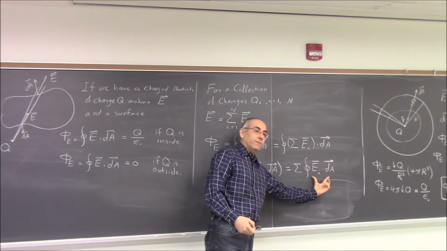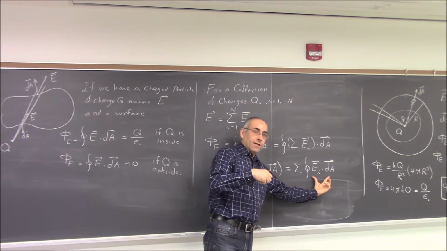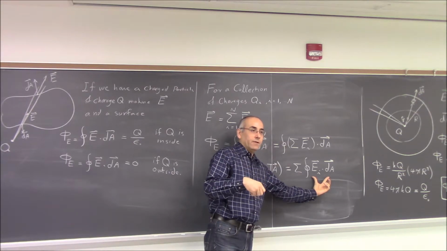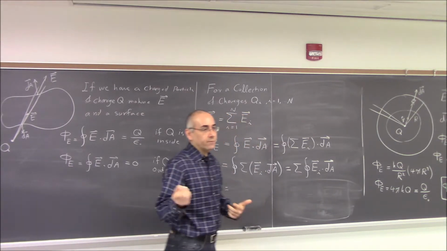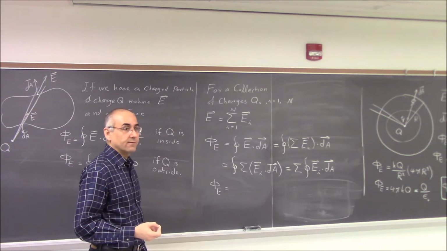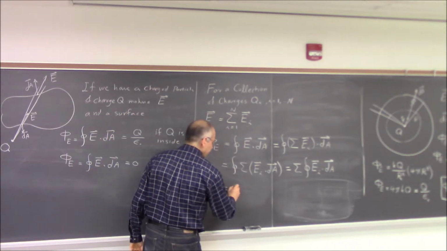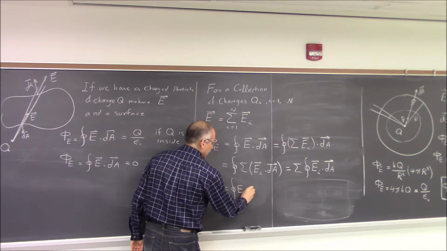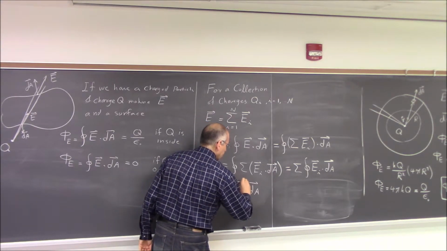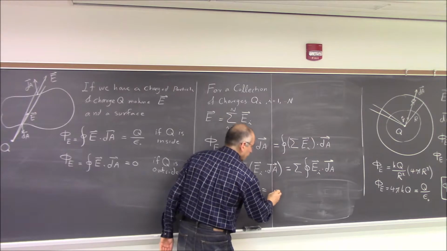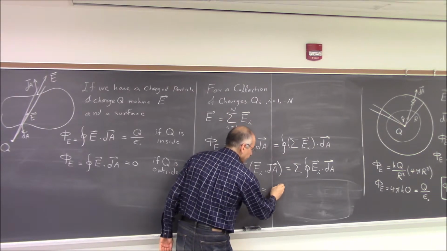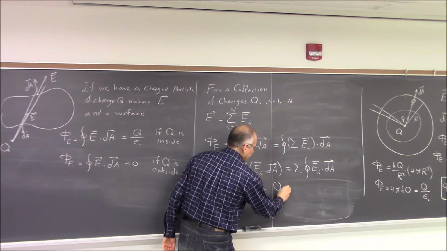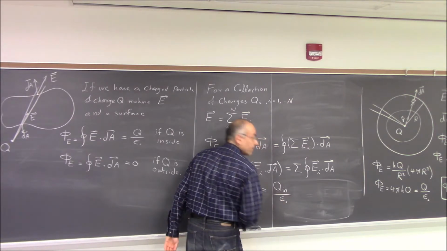Because for each one of these, if the charge is inside, there's Q over epsilon naught for that. If the charge is outside, it is 0. So this becomes, for all the charges, the integral of E dot dA becomes the sum of the charges inside, so let me call it Q in, over epsilon naught.